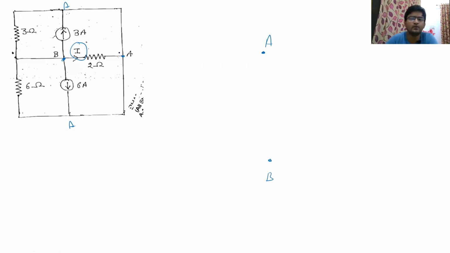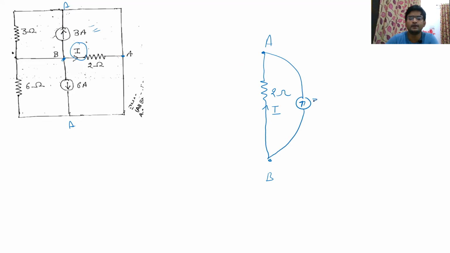So between A and B, you can very clearly see there is a 2 ohm resistance, and the current I is flowing from B to A. Now here if you see, this 3 ampere is between A and B and it is directed towards A. So you can directly draw a current source directed towards A from B, and its value is 3 ampere.